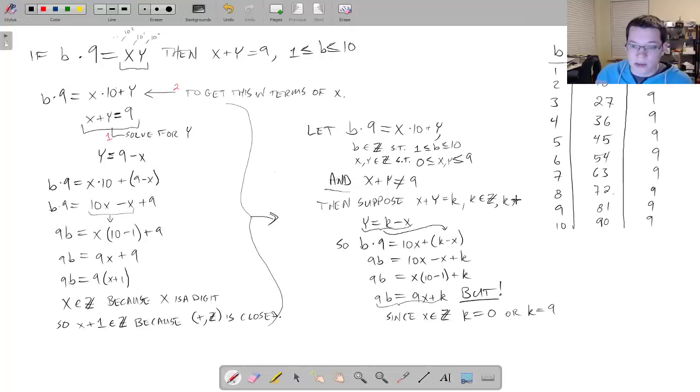K not equal to 0, 9, which contradicts our assumption.